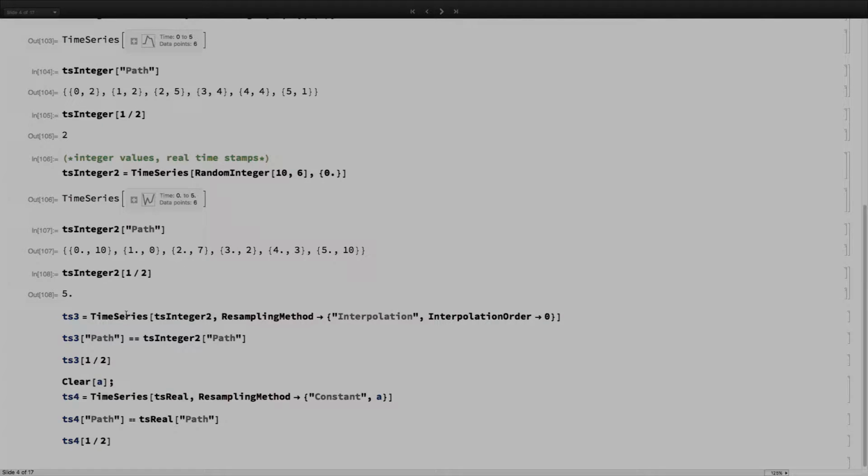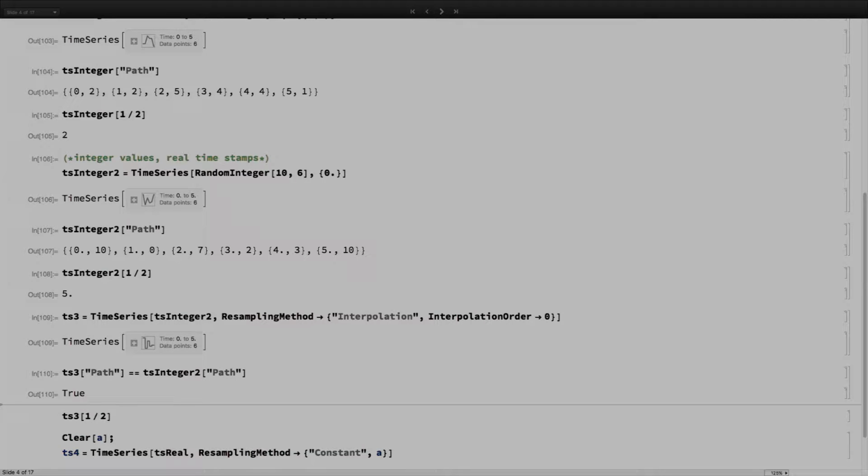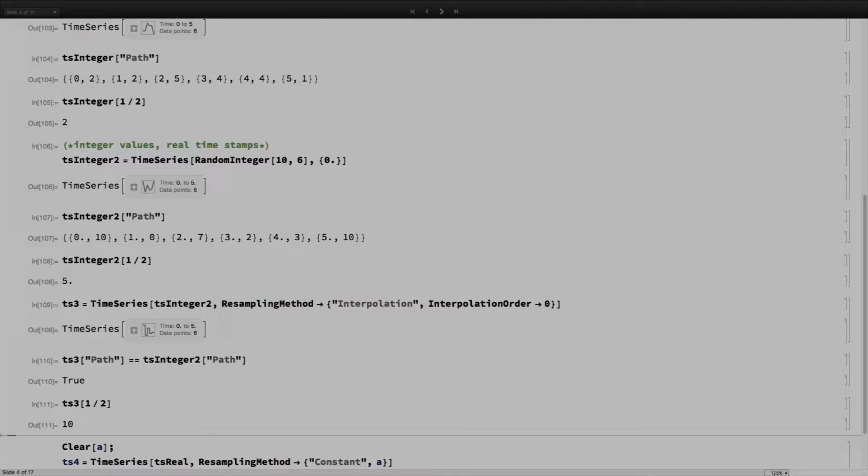I take the previous time series and I'm redefining it with the resampling method of interpolation, where the interpolation order is 0. Now when you look at the paths, they are absolutely the same, because I didn't do anything to the values that are the observations. I only changed the behavior in between the observations. In this way, what we get at 1/2 is the value being held from the left, so it's 10.